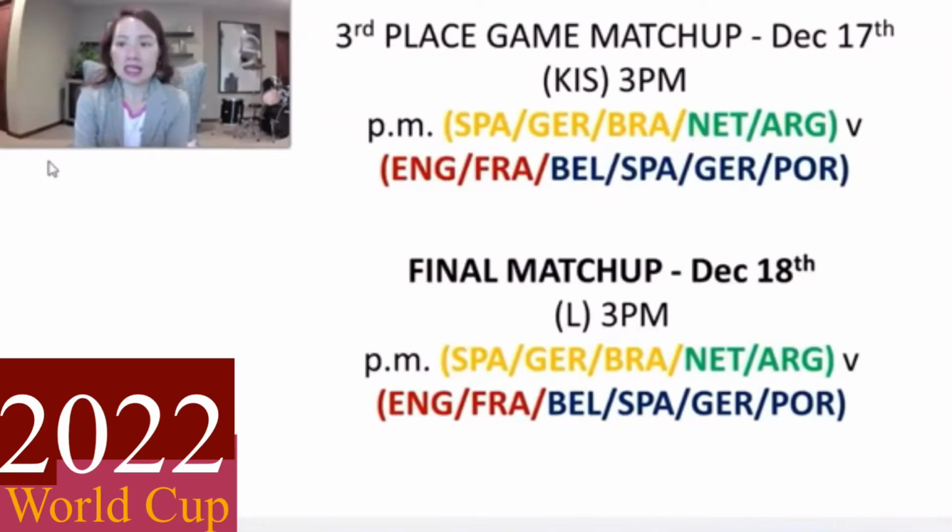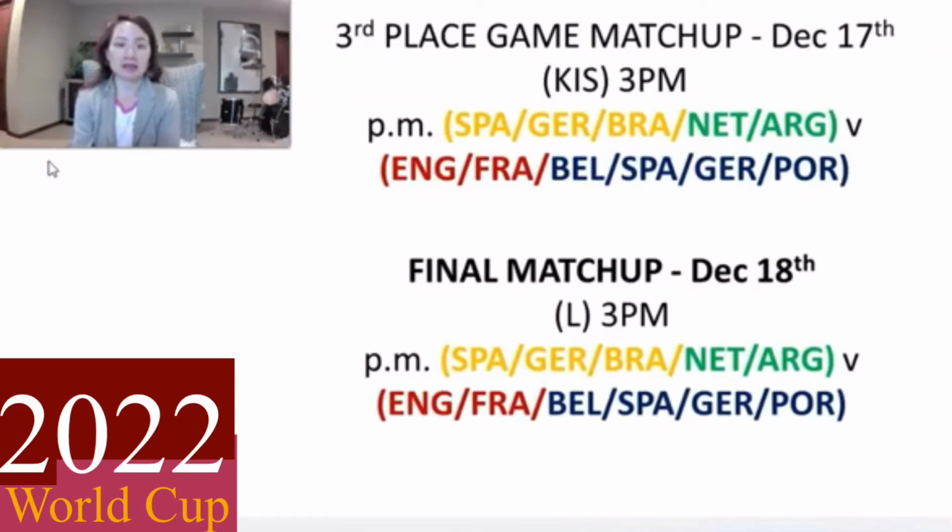The third place game, to be held at 3 o'clock on December 17th at the Khalifa International Stadium, will be between the losers of the semi-final games, obviously, and therefore the winners will be in the final matchup on December 18th, also at 3 o'clock at the Lusail Stadium in Doha. And most likely it will be a South American team versus a European team.